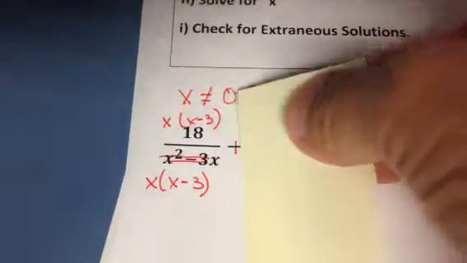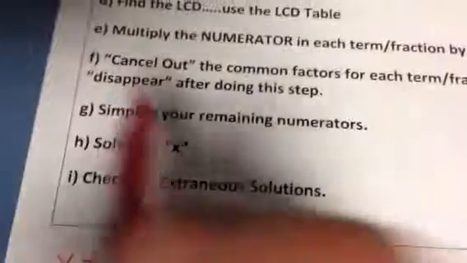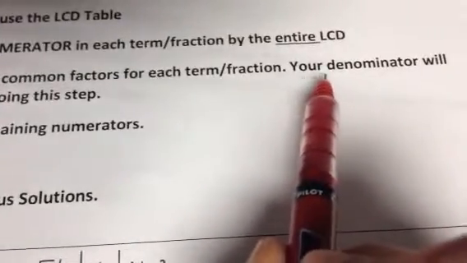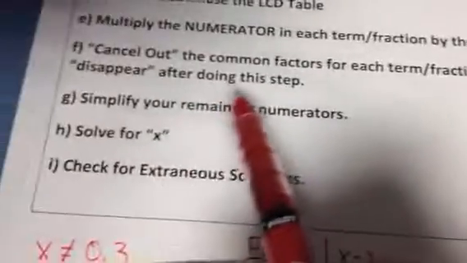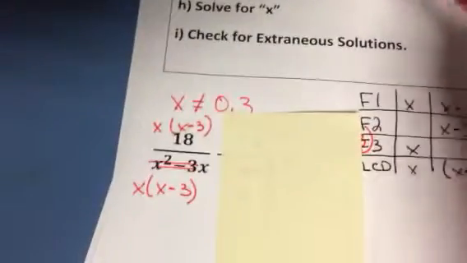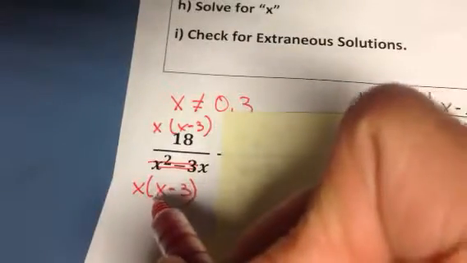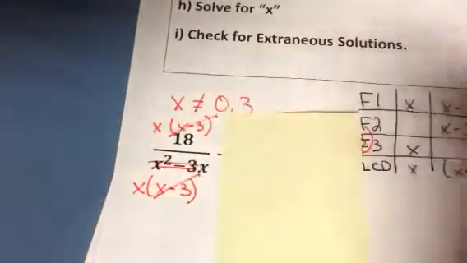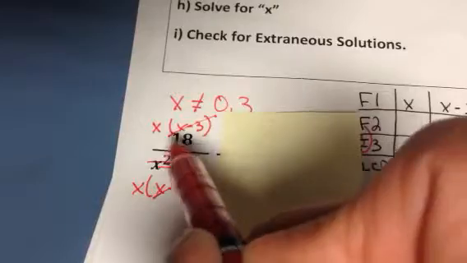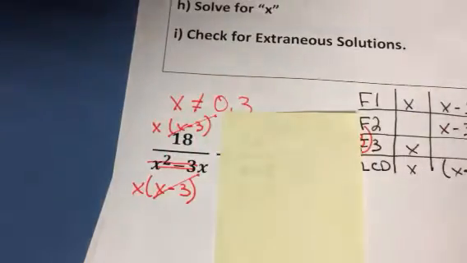So let's take a look at the first fraction. The idea is you're going to cancel out the common factors for each term or fraction, and as you do this, your denominator is just going to disappear, and then we won't have a fraction anymore. So start with the denominator. This x minus 3 will take out that x minus 3, because in the top now we have 18x and x minus 3.